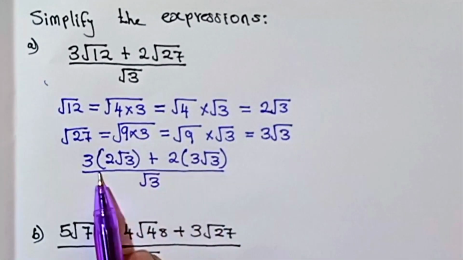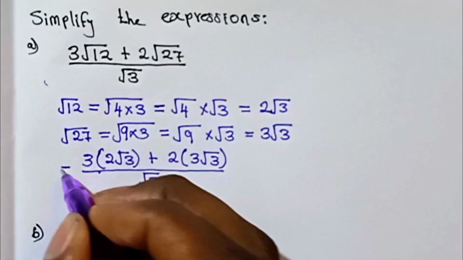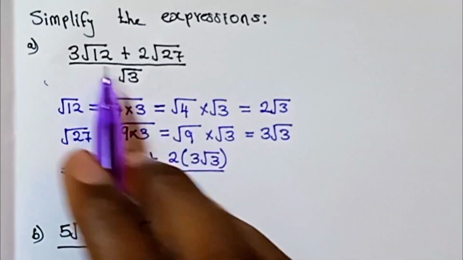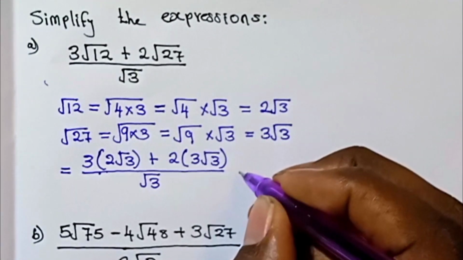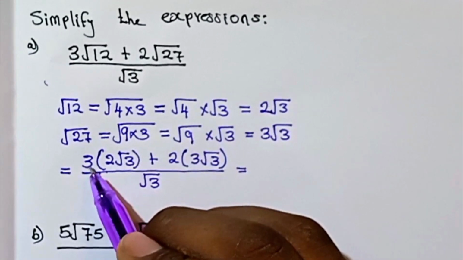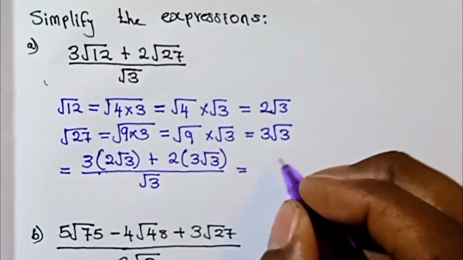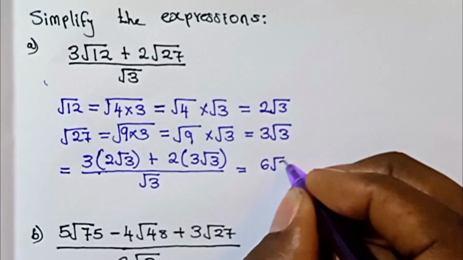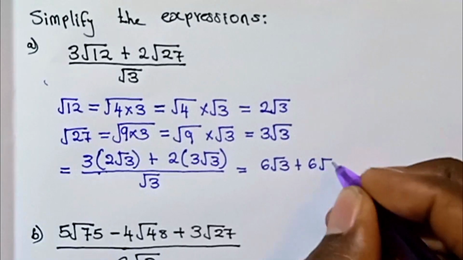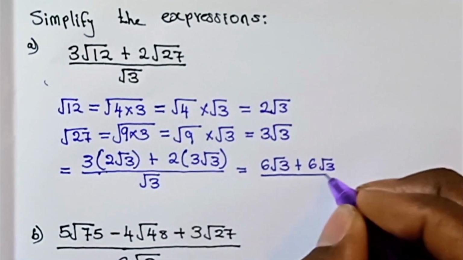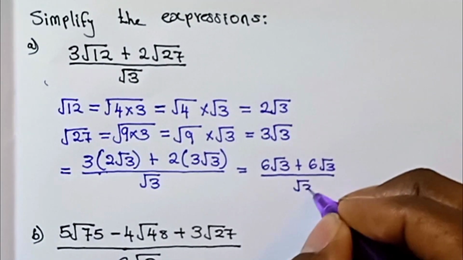This is the same as the original, but we have just simplified. When we open this bracket, we're going to have 6 root 3 plus 6 root 3, the whole of it divided by root 3.